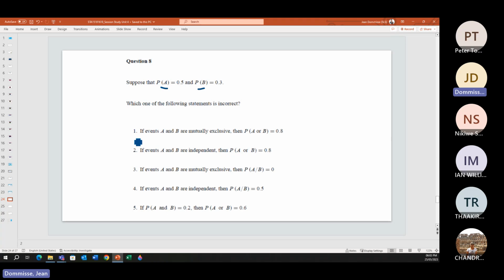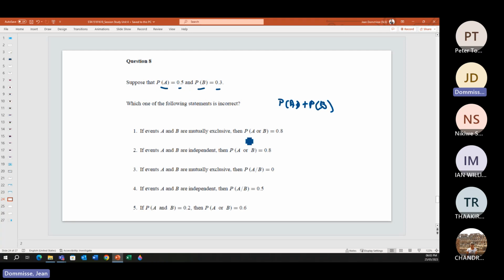Okay, so if events A and B are mutually exclusive, then A or B is equal to 0,8. Okay, so let's look at it. If it is mutually exclusive, it should then just be the probability of A plus the probability of B. Okay, so it is 0.5 plus 0.3.